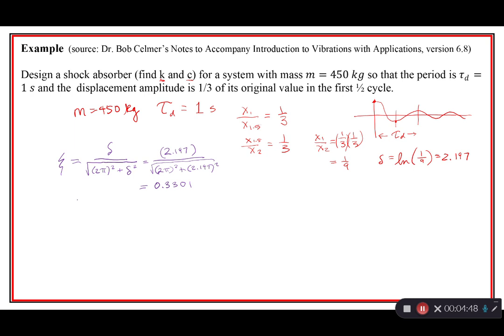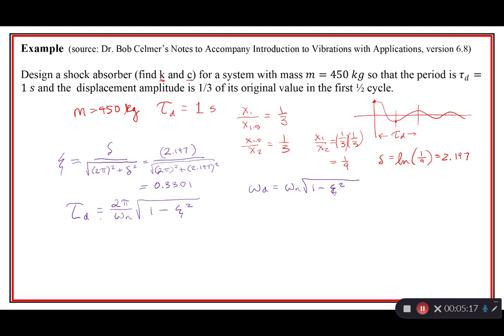So here's an equation for the period, the damped period. Okay, so let me go back just 1 second and show you where that might have come from. We know that the definition of the damped natural frequency is the undamped natural frequency times the square root of 1 minus squiggle squared, the damping factor squared.